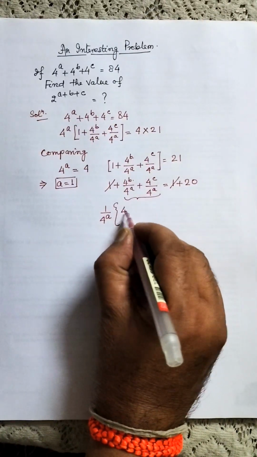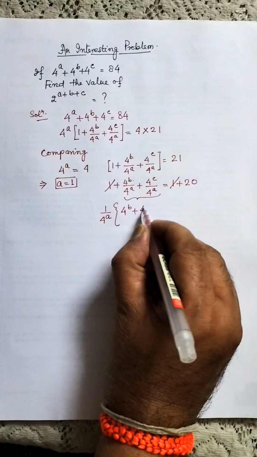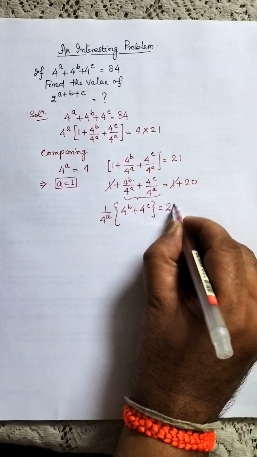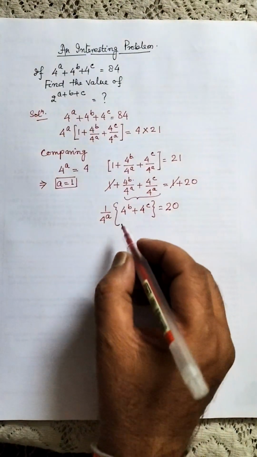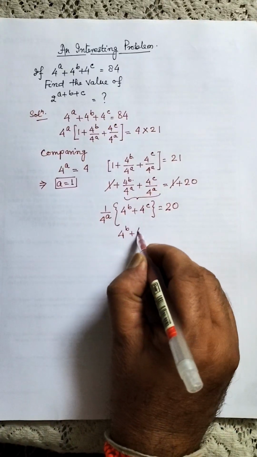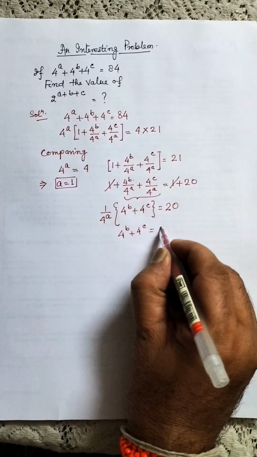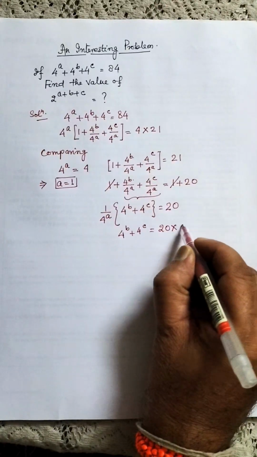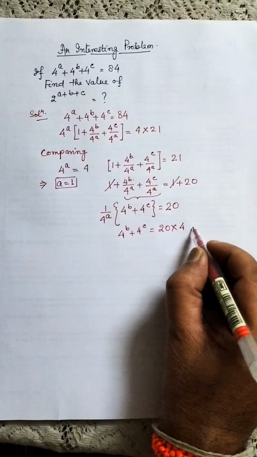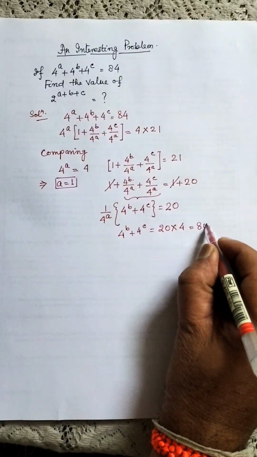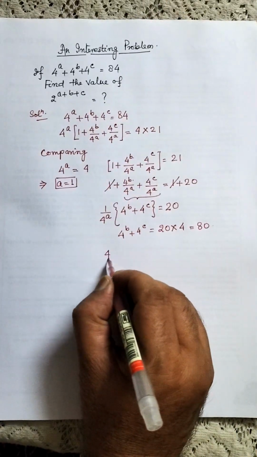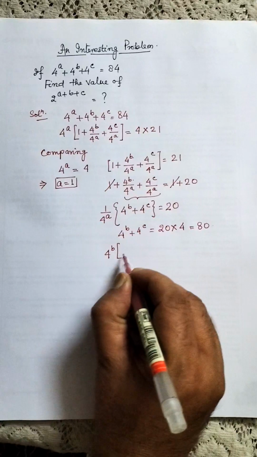We are left with 4 raised to the power of b plus 4 raised to the power of c equals 20. This implies that 4 raised to the power of b plus 4 raised to the power of c is 20 times 4 raised to the power of a, and a is 1, so it will be 4, that is just 80. Fine.